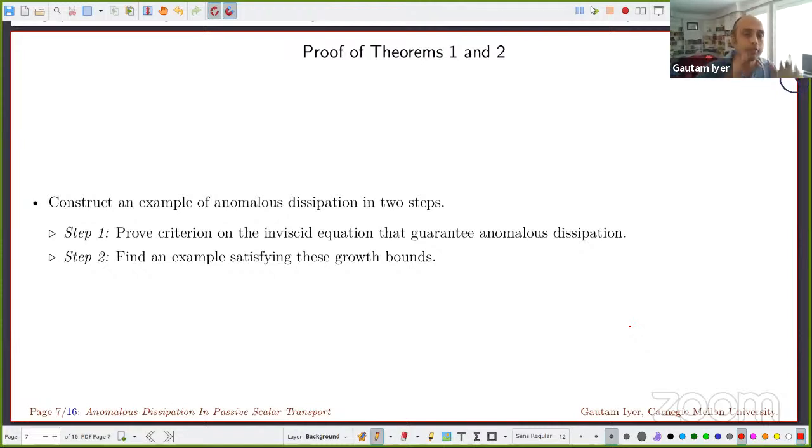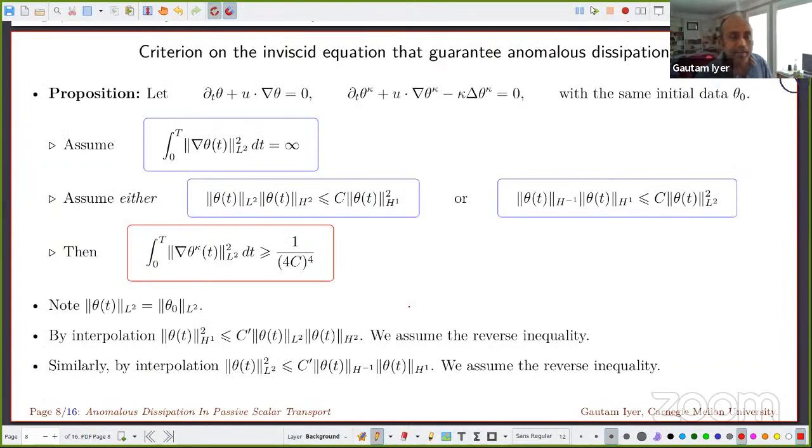I say, if you give me certain bounds on solutions to the inviscid equation, then I have to have anomalous dissipation. And then step two, we find an example that satisfies these bounds. I'll be a little bit less detailed about step 2, I'll show you what it looks like. Step 1 is super cute, and I can explain most of it.